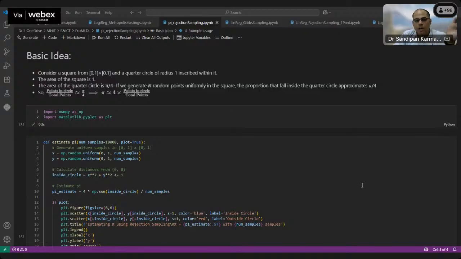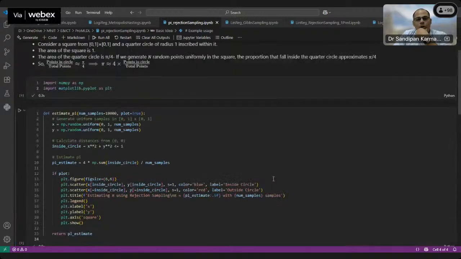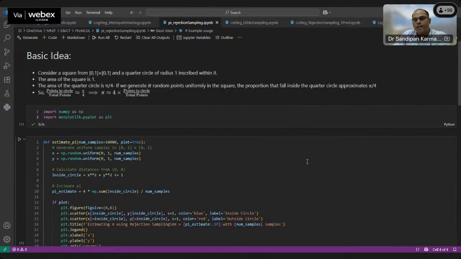I am using VS Code, that is the IDE I am using. You can use any IDE. You can even use Google Colab, no issues. First of all, I want to show you a Spyder IDE.